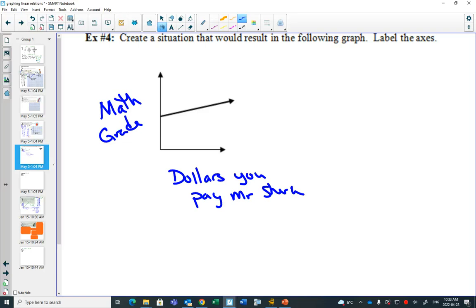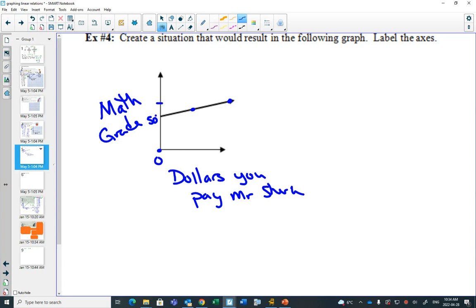Okay, we're gonna make our scale here. Let's say it's starting at 50 here. Okay, and your math grade after paying Mr. Shirk no dollars is sitting at 50. Okay, we're gonna add 2 points on here. Okay.